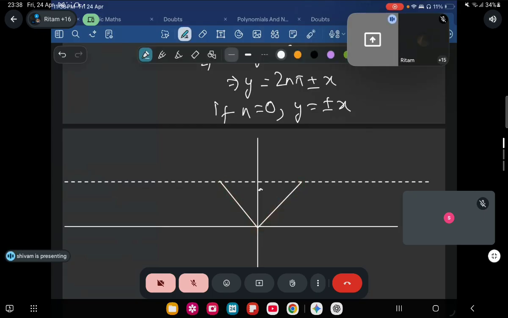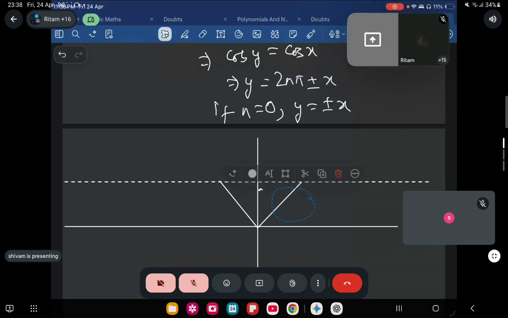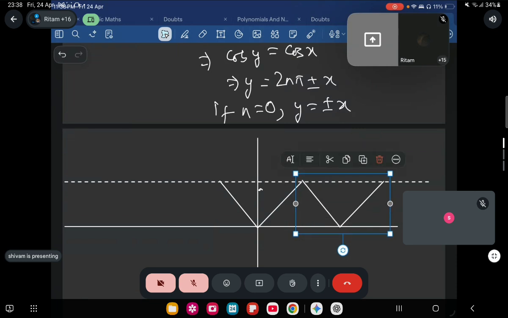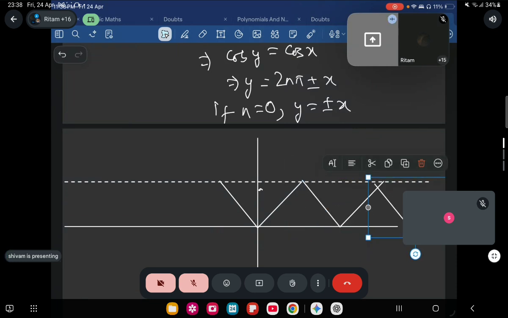Now the same thing, you just copy and paste.